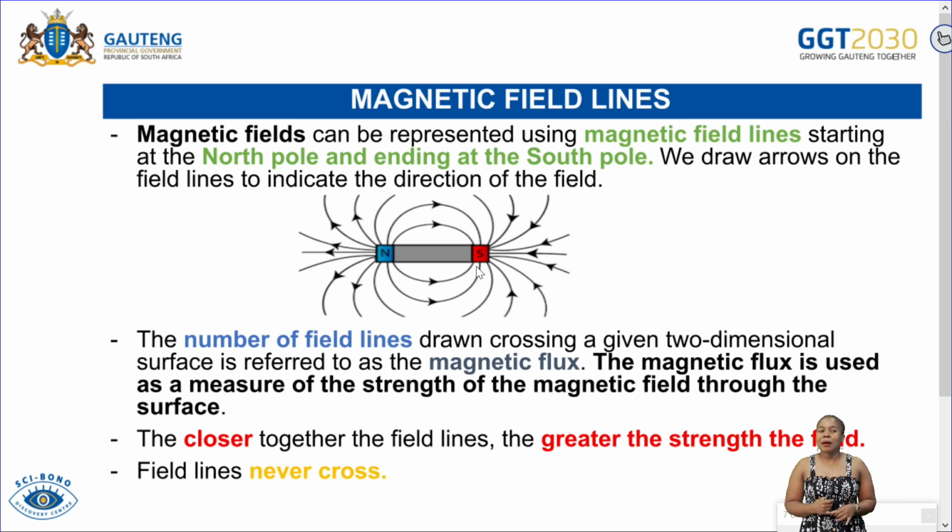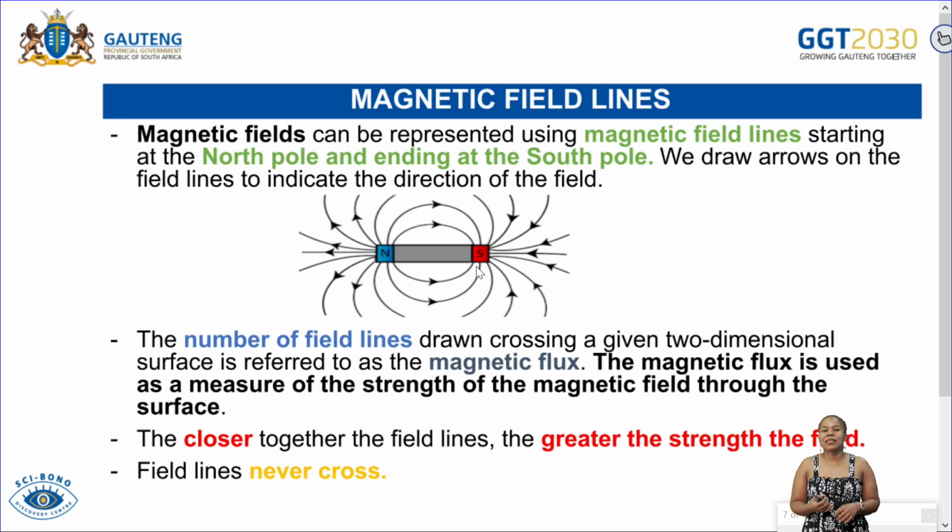Now, the number of field lines drawn crossing a given surface is referred to as magnetic flux. The magnetic flux is used to measure the strength of the magnetic field through that particular surface.